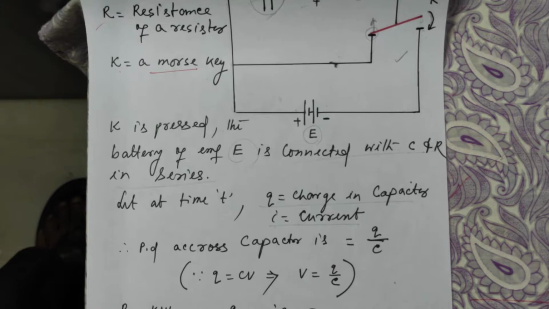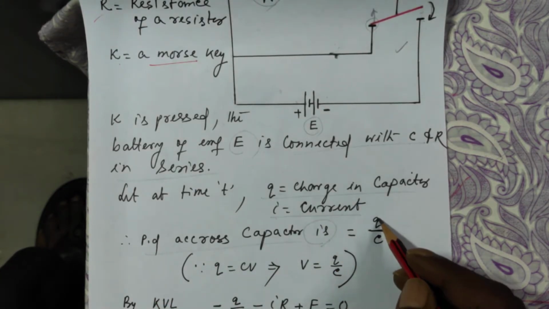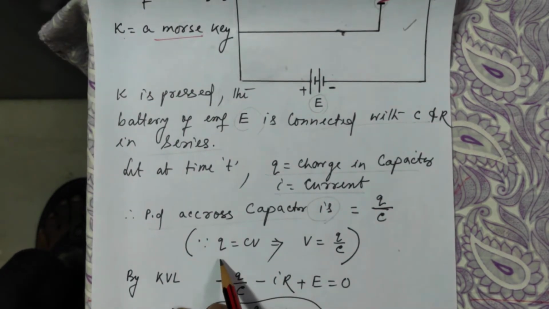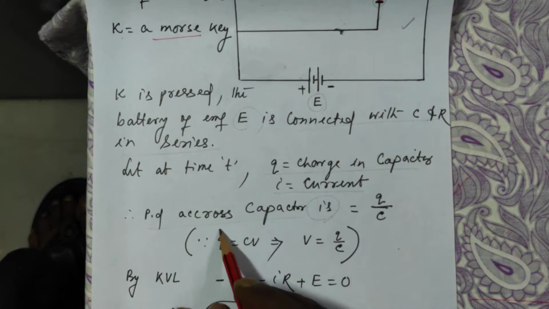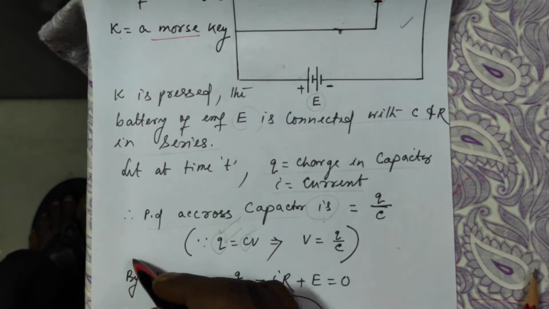And in electrostatics, we have studied that the potential difference across a capacitor is Q by C, where C is a constant.